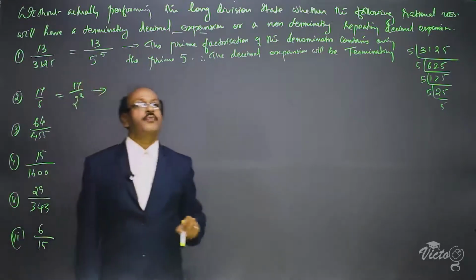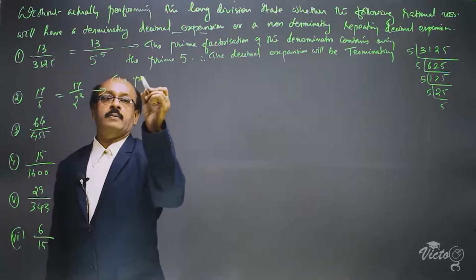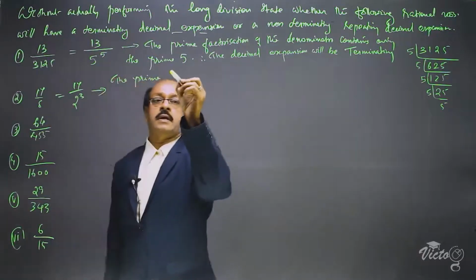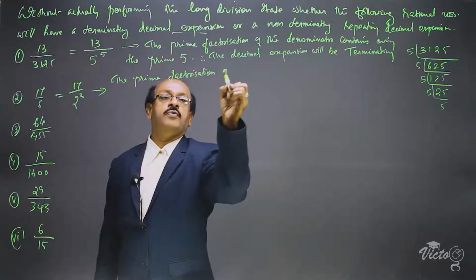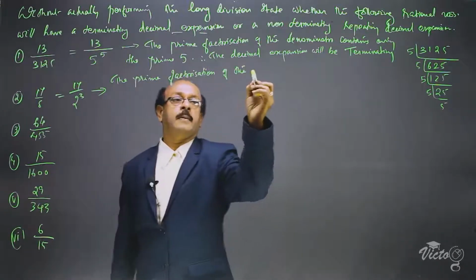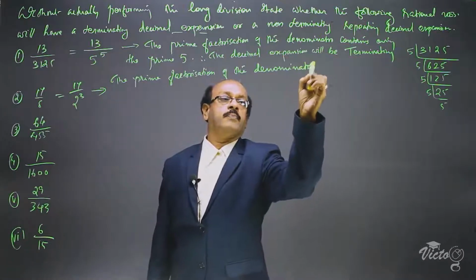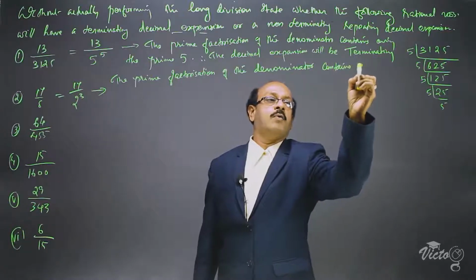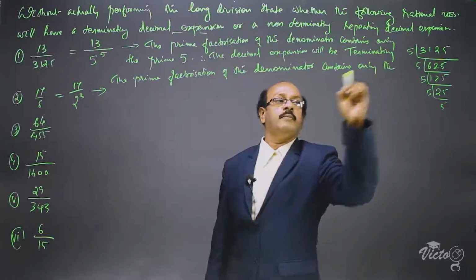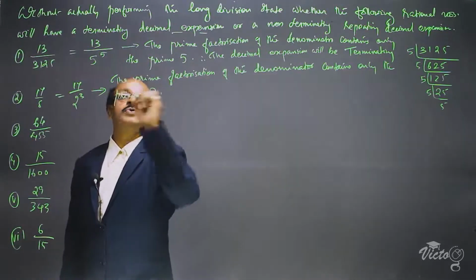Here the prime factorization of the denominator contains only the prime 2.